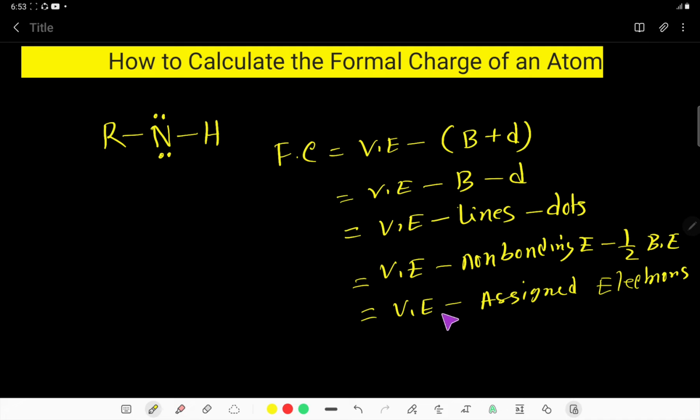Or you can write valence electron minus assigned electrons. Actually, I will make you understand all these formulas for calculating the formal charge.